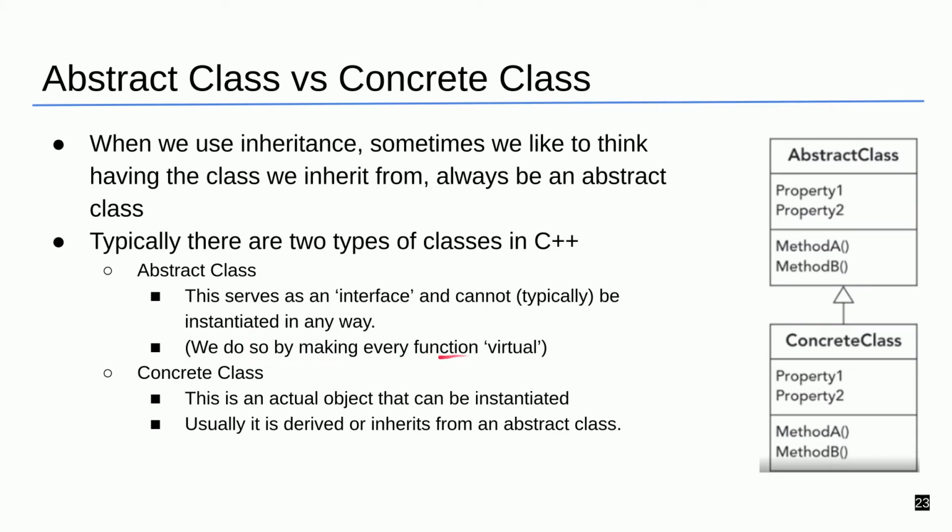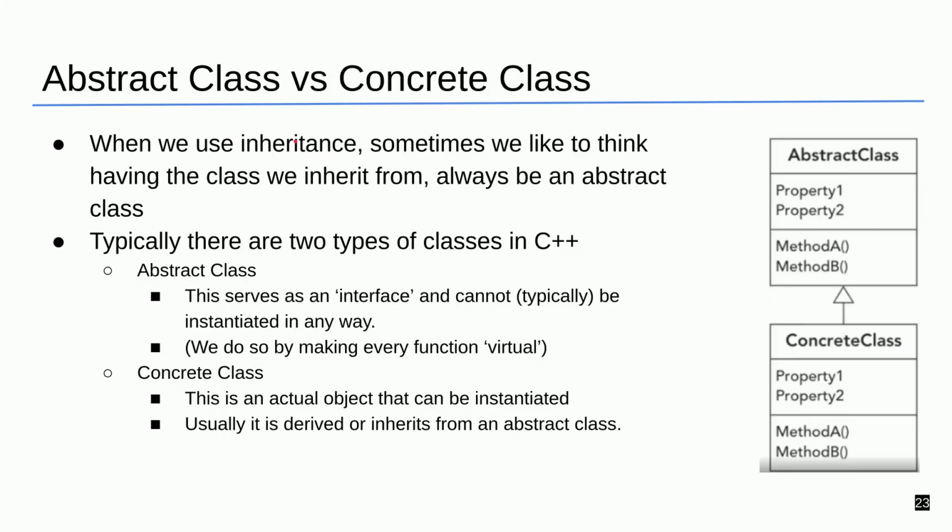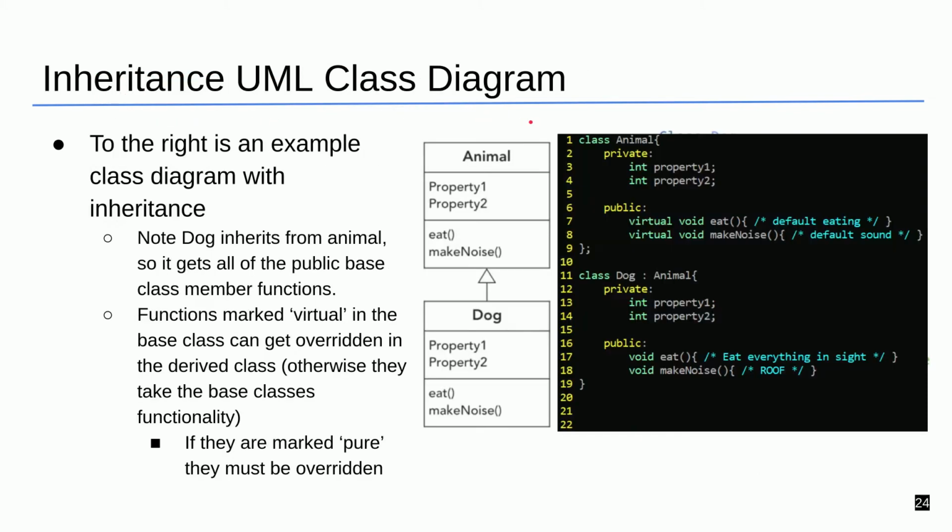And we do this by making every function virtual or purely virtual. And then we can have concrete classes. That's objects that can be instantiated and usually derived or inherited from an abstract class, so something that sets up the interface. Okay, so here's just terminology of abstract class versus a concrete class.